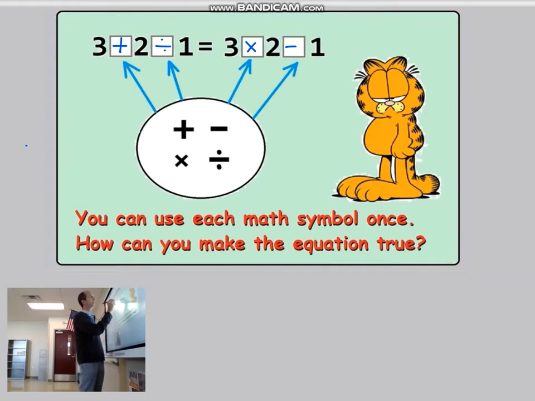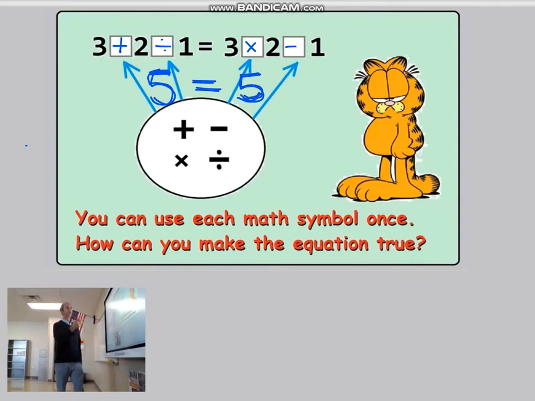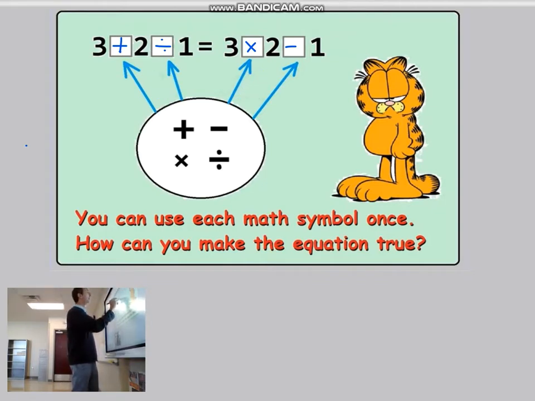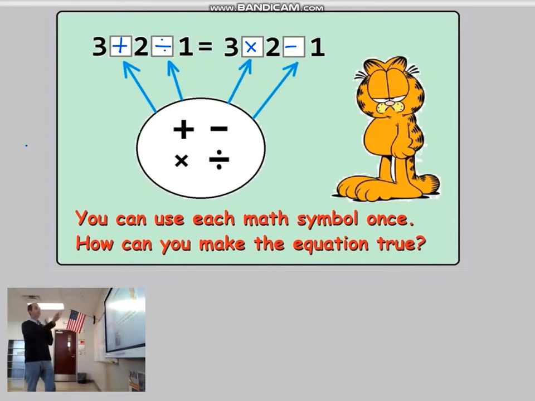Now let's check. 3 plus 2, 5, divided by 1, 5, equals 3 times 2, 6, minus 1, 5. 5 equals 5. That means this is the right sequence. 3 plus 2 divided by 1 equals 3 times 2 minus 1. Or you can flip it as well, it's the same solution.